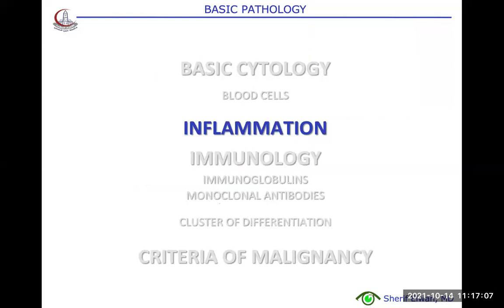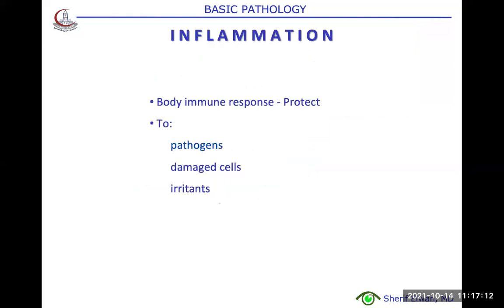Now we're finished with the basic cytology, and now we shall shift to inflammation. It's a basic thing that we studied in the undergraduate stage, that inflammation is the body immune response to protect itself. We used to say it's the body response against noxious stimuli that may cause harm to the body.